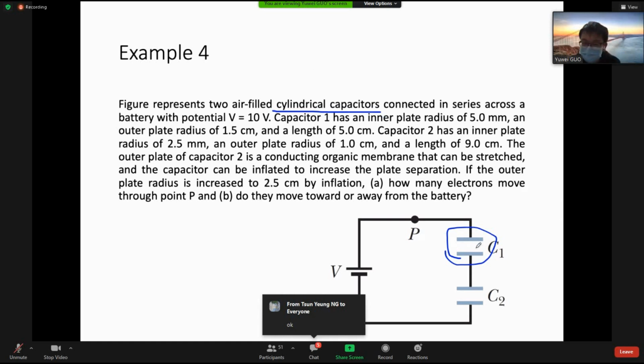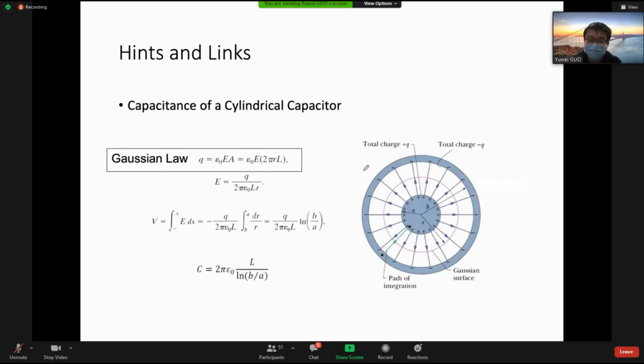This is only a sign to express its capacitor. It didn't draw the cylindrical capacitor here, but you need to pay attention that it is a cylindrical capacitor, and here, actually this is the inner and this is the outer plate.